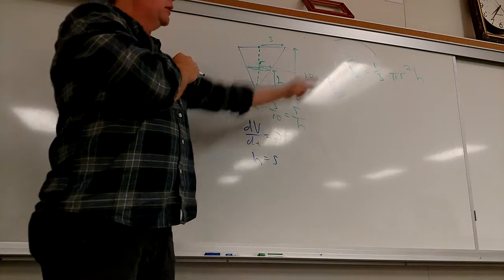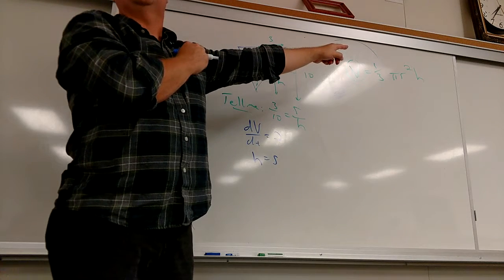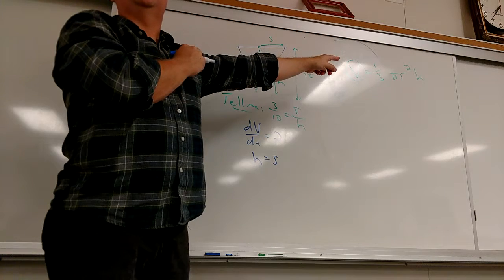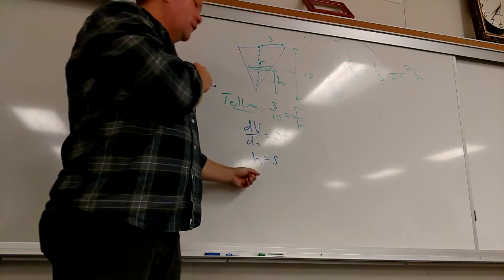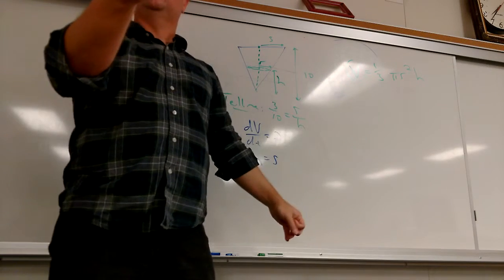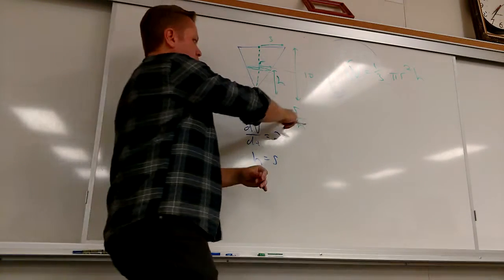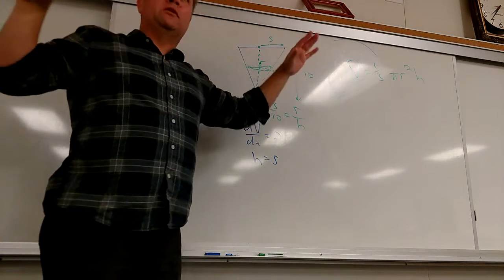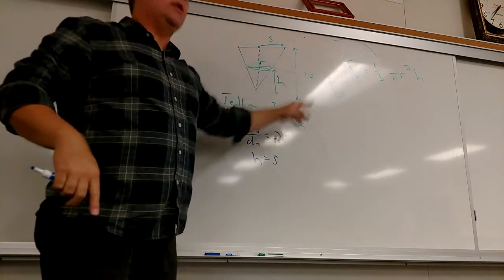Height. So what letter do I want to stay alive over there? No. H. I know H is 5. So I want to keep H alive so I have somewhere to put 5. Now do I have to do that? Could I figure out what R is if H is 5? Sure.